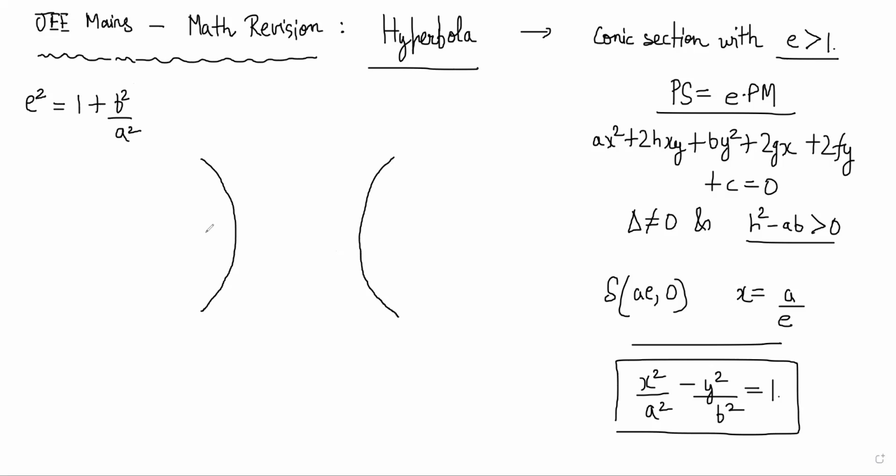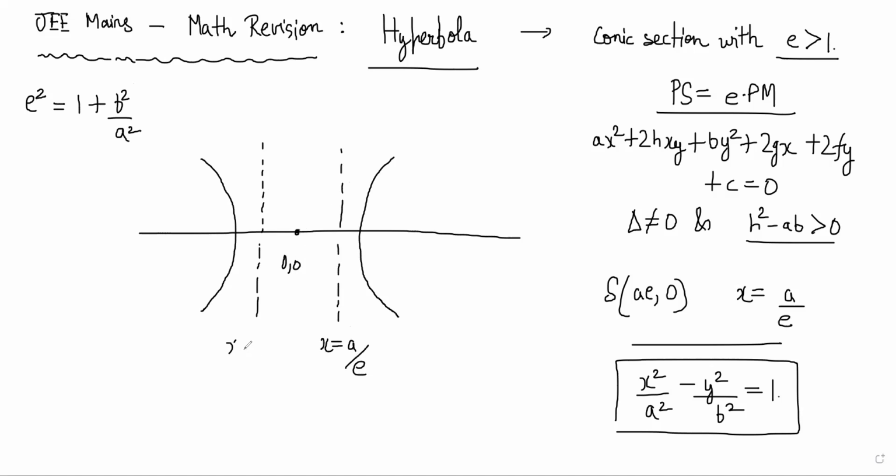It is an open curve. This is your center 0, 0. The directrices are here and here, x is equal to a by e and x is equal to minus a by e. The foci are ae comma 0 and minus ae comma 0. And this is your axis.